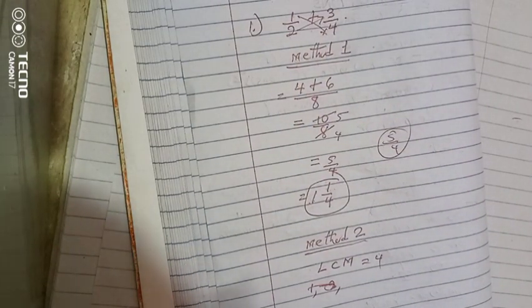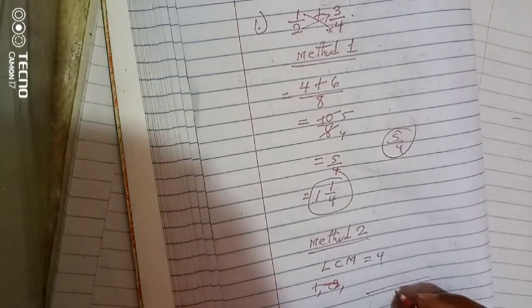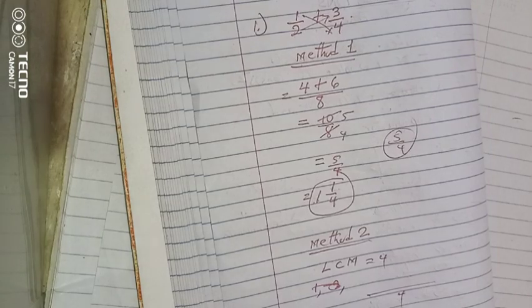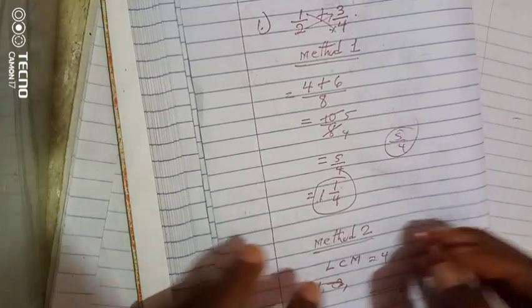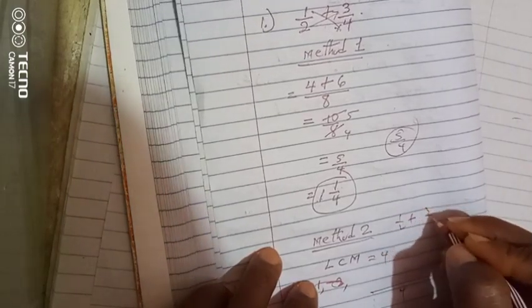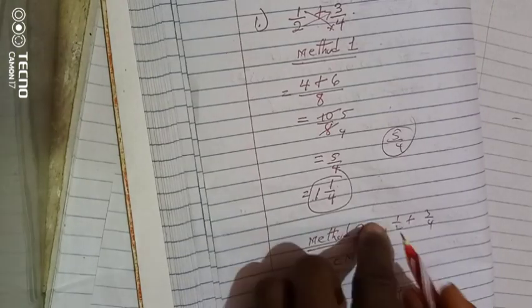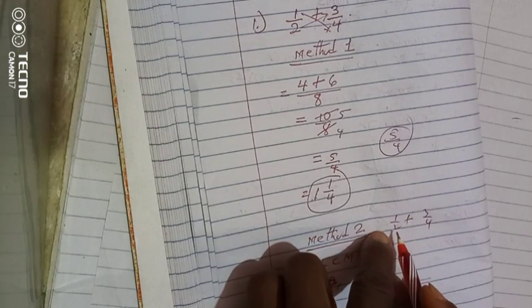Now you write a long line and write 4 here. Then you take the 4 and write the fractions, 1 over 2 plus 3 over 4. Say 4 times this number: 4 times 1 is 4, divided by 2 is 2.